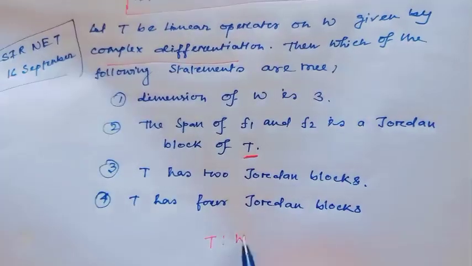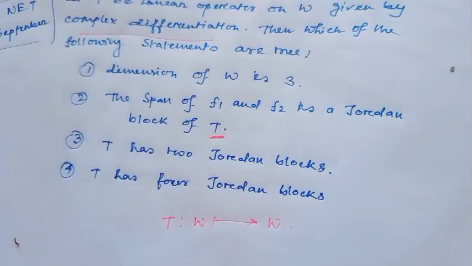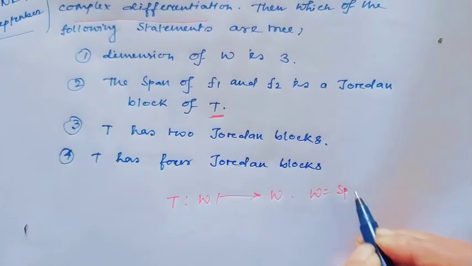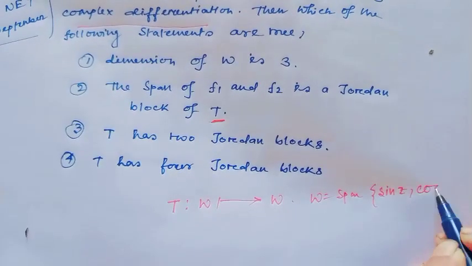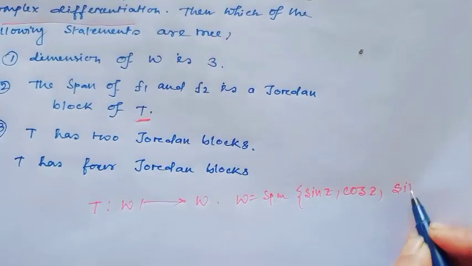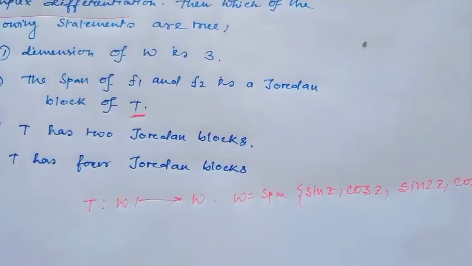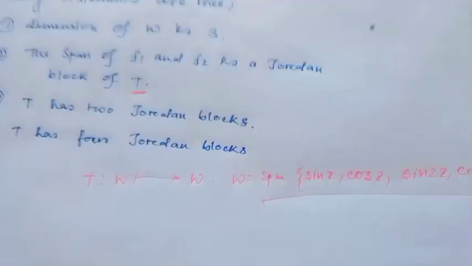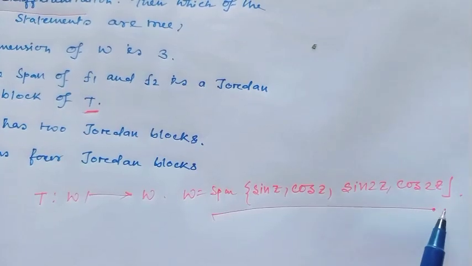T is the linear operator from W to W, where W is the span of sin z, cos z, sin 2z, cos 2z. Okay? W is the span of these functions, and all of us know these four functions are linearly independent.